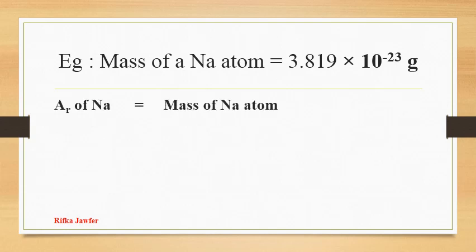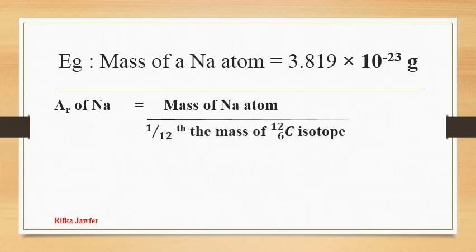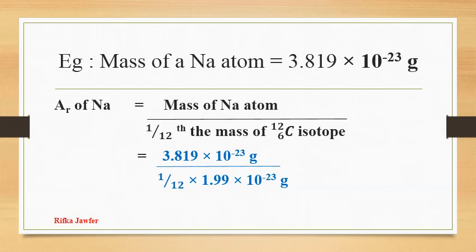So relative atomic mass of sodium is equal to mass of sodium atom divided by 1/12 the mass of C-12 isotope, which is equal to 3.819 into 10 to the power minus 23 grams divided by 1/12 of 1.99 into 10 to the power minus 23 gram. So, relative atomic mass of sodium is equal to 23.